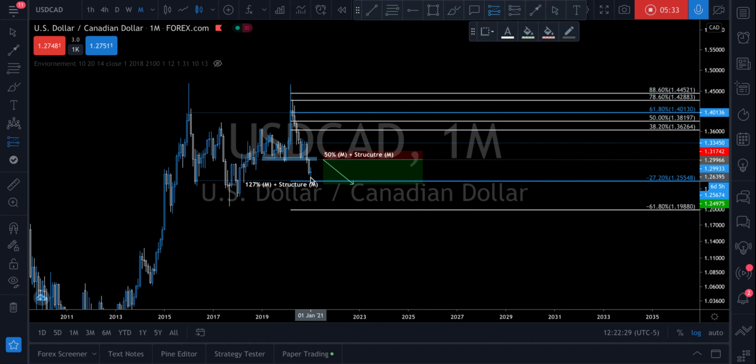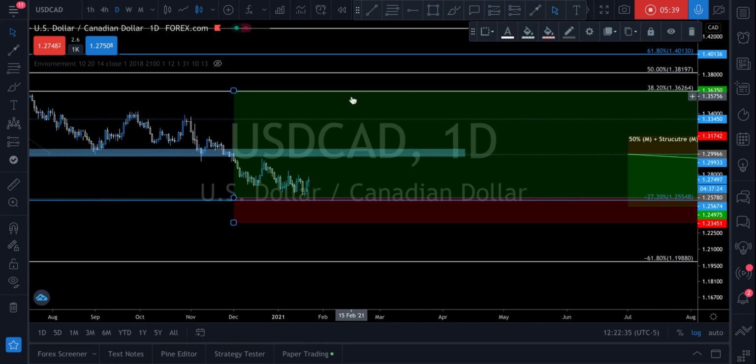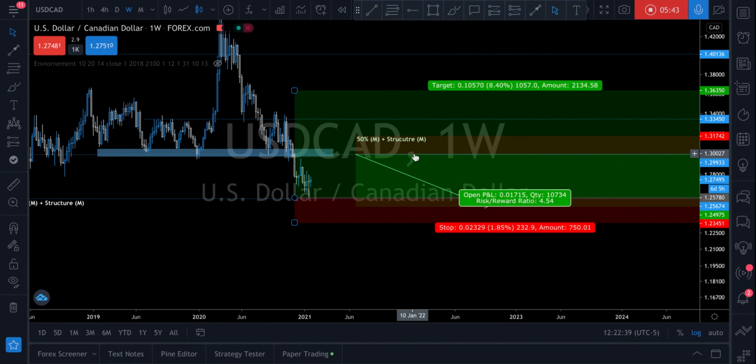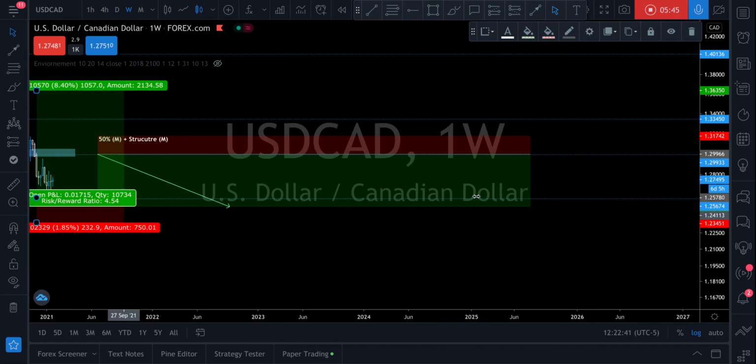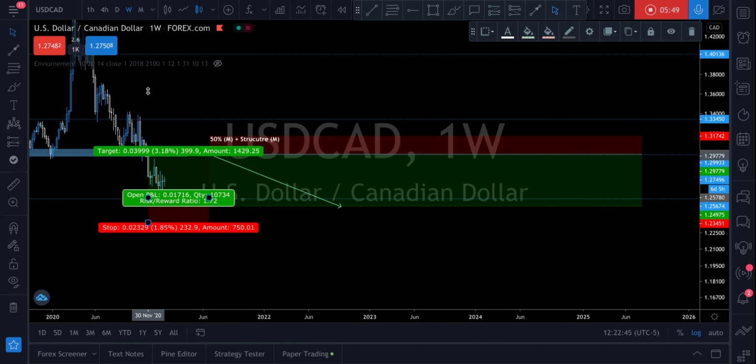And we are already in the midst of that opportunity. So let's go down to the daily and see if we can. Let's go weekly first. And this is just going to be a straight structure play. Nothing too fancy here. We're just going to be trying to make it up to our entry zone.